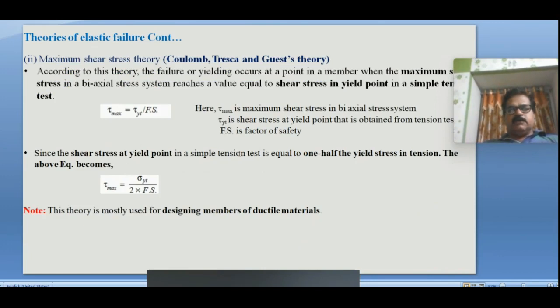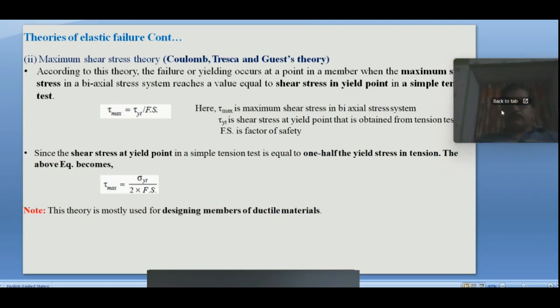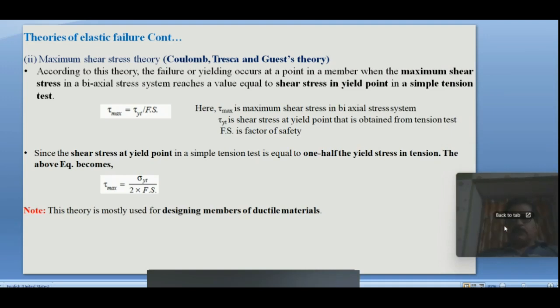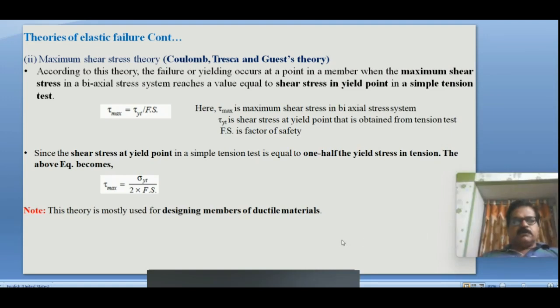According to this theory, the failure of the member occurs when the maximum shear stress in a biaxial state of stress system equals the value of shear stress at yield in a simple tension test.